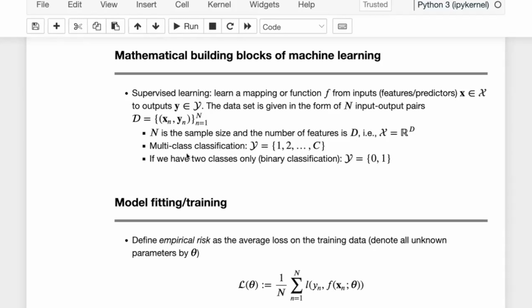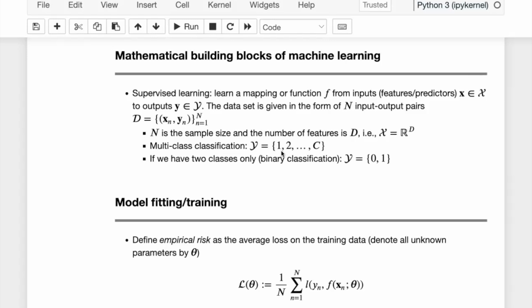Then in the case that we have a classification problem, these y_n are categorical, and therefore in multi-class classification with C classes, we can give them the labels 1, 2 through C. Although I have to say that these labels, when you do classification, do not have any numerical value anymore, meaning that the difference between 1 and 2 is just that all the data points with label 1 belong to the same class, and all the data points with label 2 belong to another class.